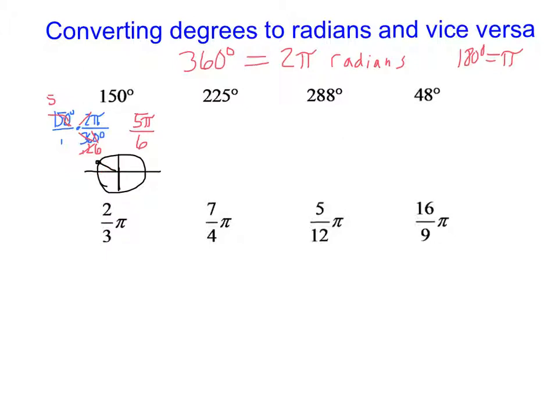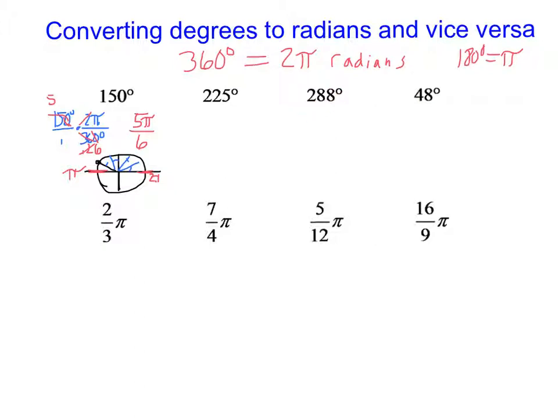And then you could split this up into like 6 equal parts, and you've gone 1, 2, 3, 4, 5 of them. So 5/6 pi. At this marker over here, that's the pi, and this one over here, that's the 2 pi. That can be a faster way to do it, but if the numbers are a little bit stranger, then you'll want to do this conversion.